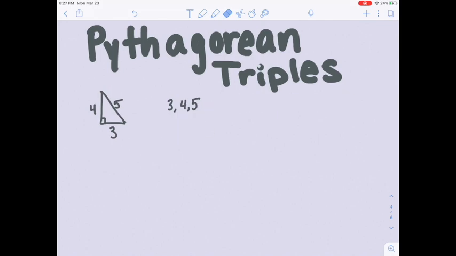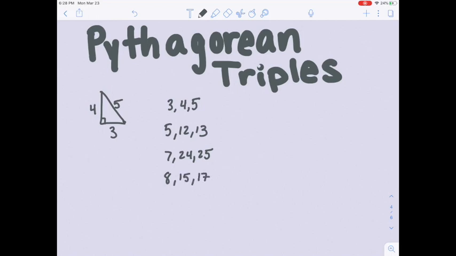So 3, 4, 5 is a Pythagorean triple. Some other Pythagorean triples are 5, 12, 13; 7, 24, 25; and the last one I'll share with you is 8, 15, 17.